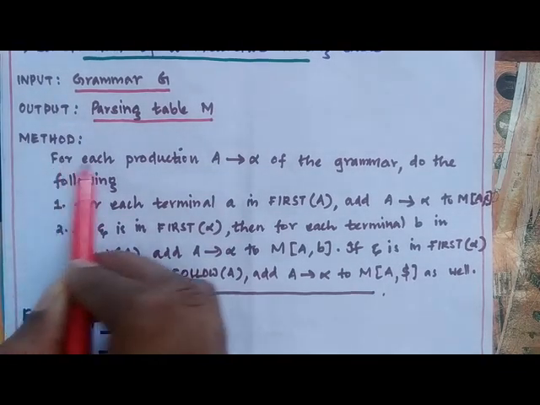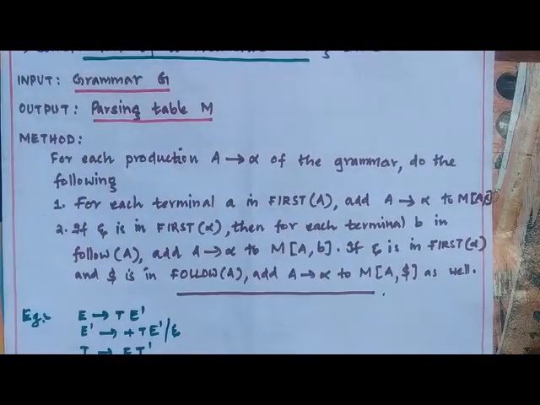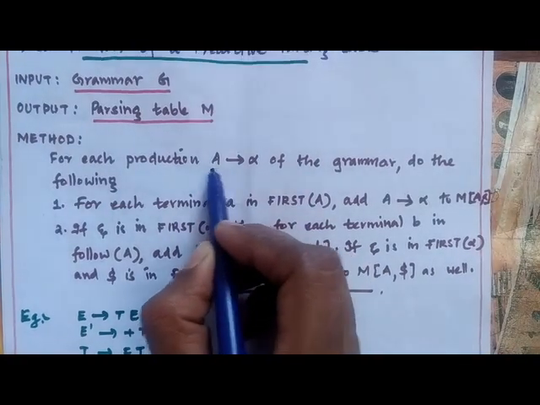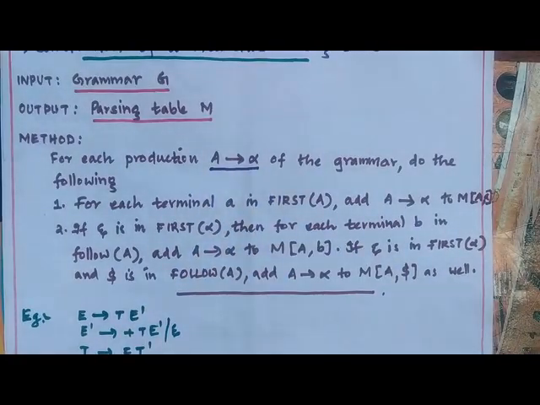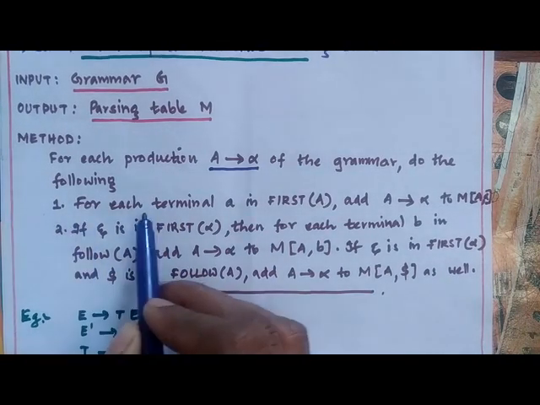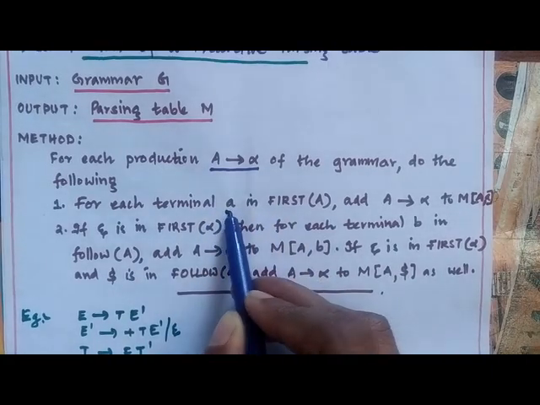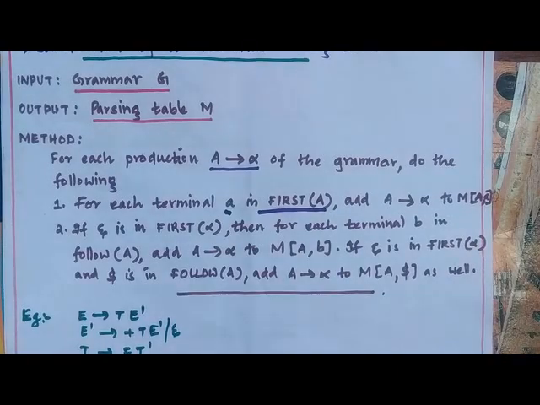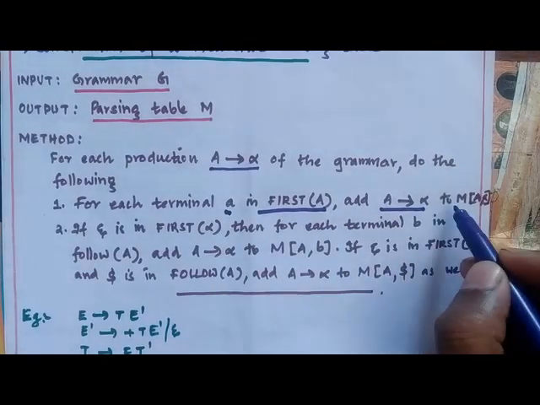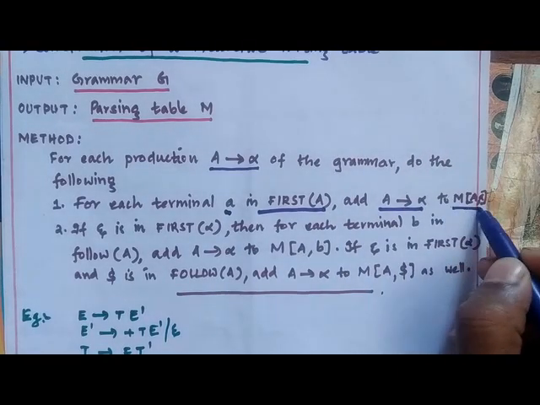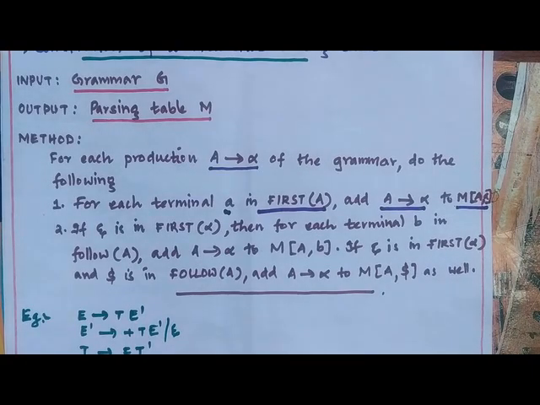Look here. For each production A gives alpha of the grammar, do the following. For each terminal a in first of alpha, add A gives alpha to M of A, small letter a.